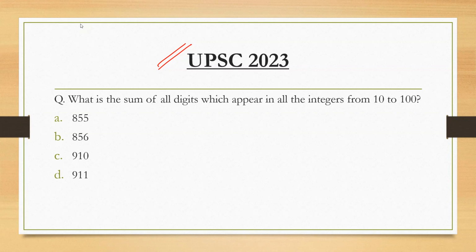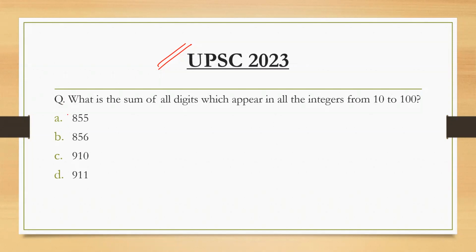Okay. 856, fine. Okay. Raghavan, fine. Ishani, fine. Okay. Same concept you'll apply here.